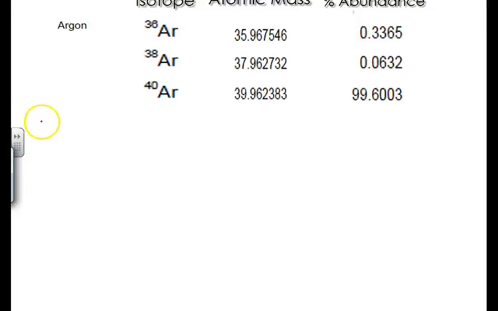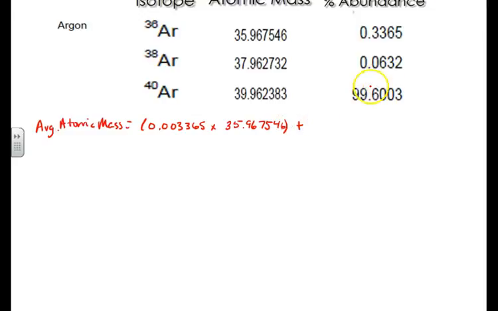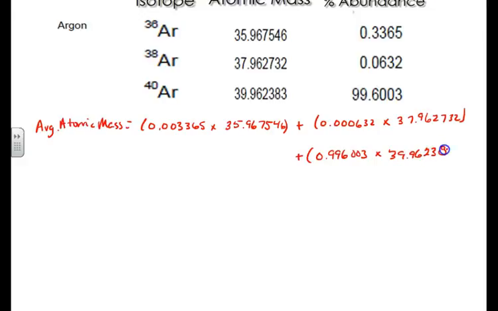So our average atomic mass is going to equal, for argon-36, we got 0.3365%, so that's going to be 0.003365 times 35.967546 plus 0.000632 times 37.96272 plus 0.996003 times 39.96283.